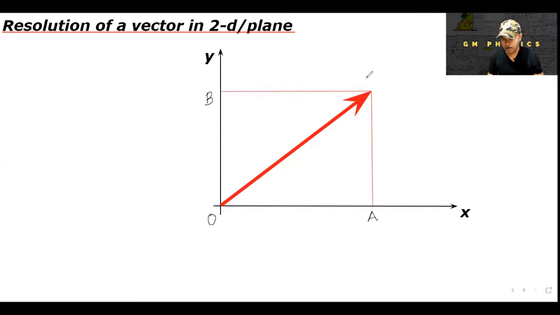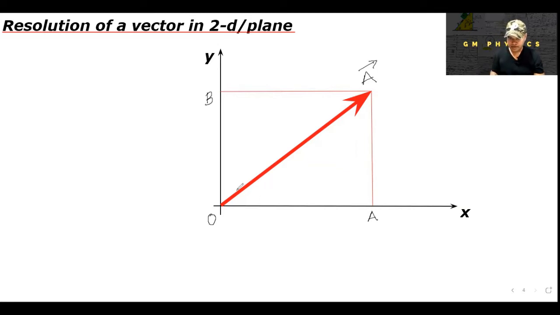So let's call this a vector. So I have represented a vector with an arrow. So we have to project this arrow along x-axis. Means we have to find its image along x-axis and along y-axis. This is what we call resolution of a vector.